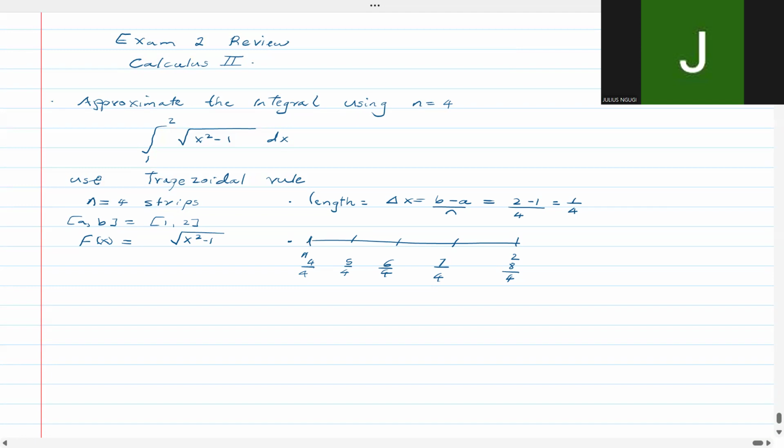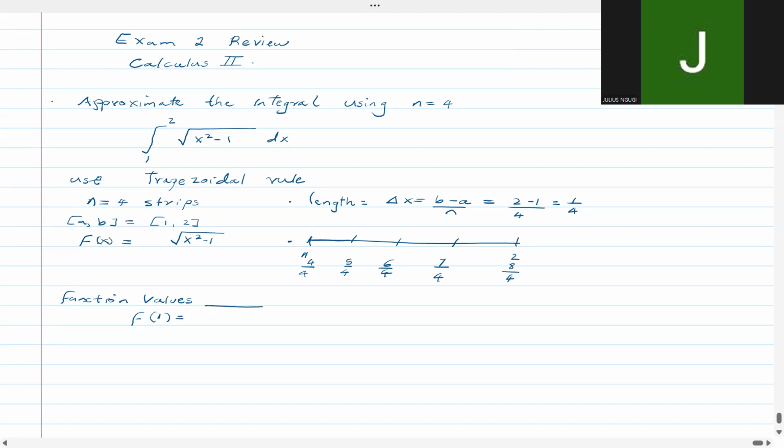Now, to use the trapezoid rule, where you draw a trapezium, the first thing you need to do is find all the function values. So find f at 4 over 4, which is 1.